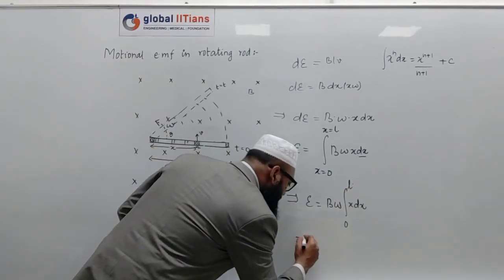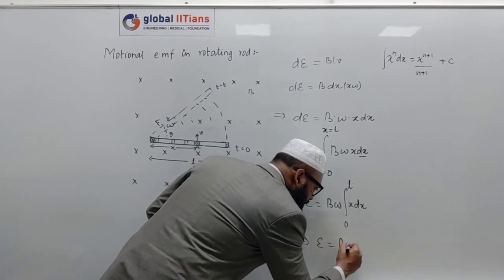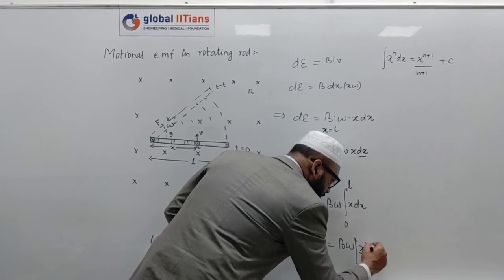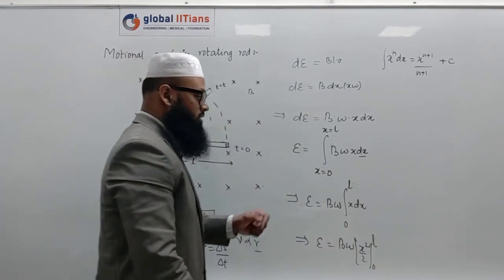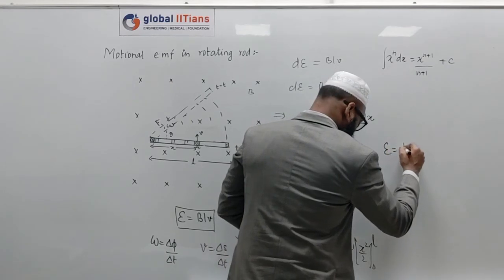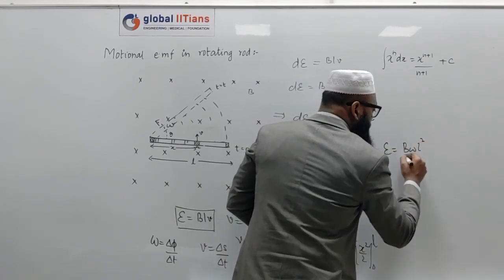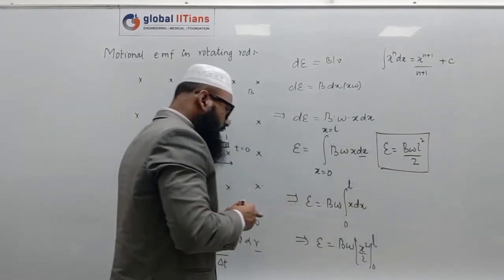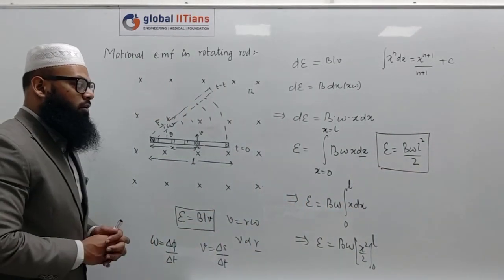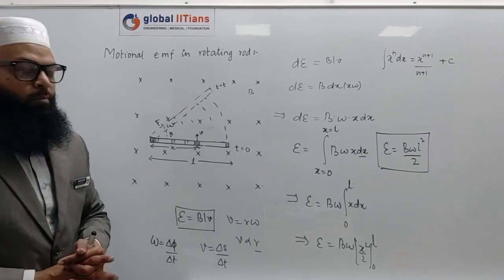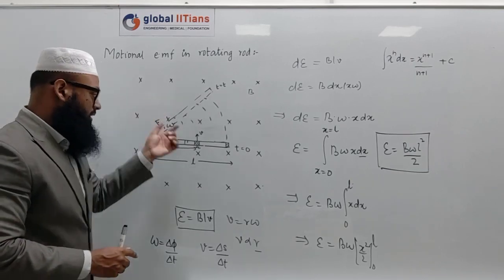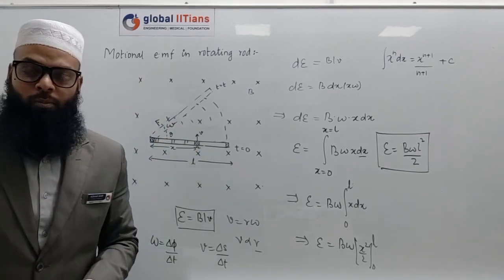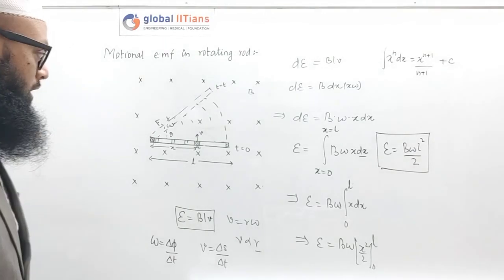So E is equal to B omega x square by 2 from 0 to L, and hence the value of EMF finally is E equal to B omega L square by 2. That is the end result for the EMF of a rotating rod placed in a uniform magnetic field, such that the length of the rod is L and it is rotating with a constant angular velocity omega. I hope you have understood it. Let's move on to the next one.